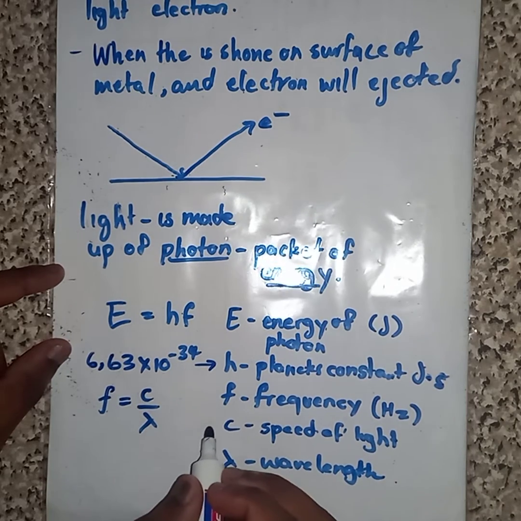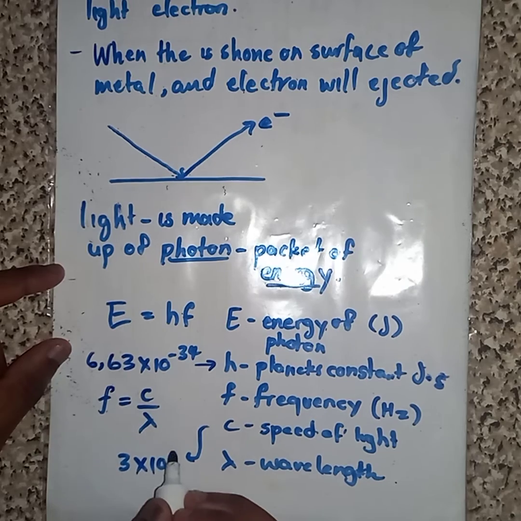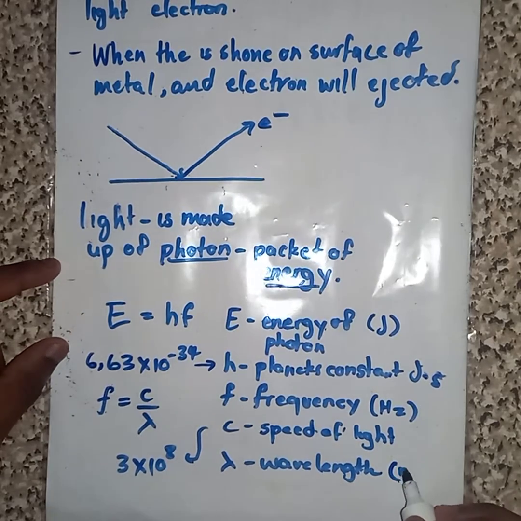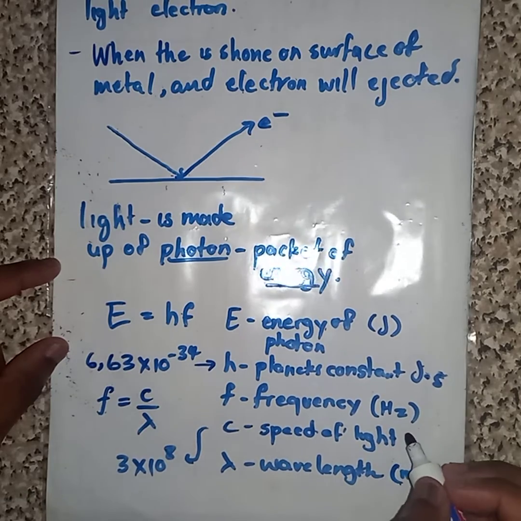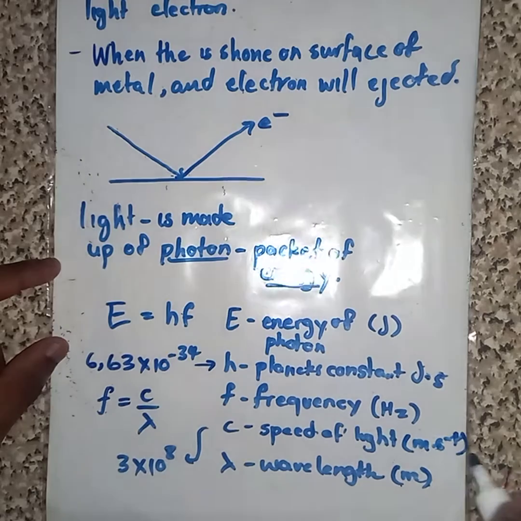The speed of light is always 3 multiplied by 10 to the power 8. The unit for wavelength is meter, and for speed, meter per second.